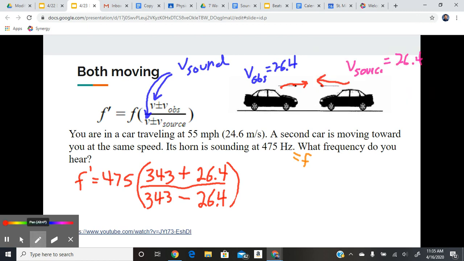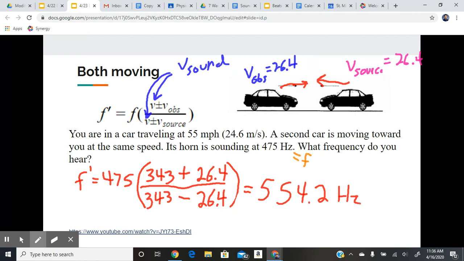All right, so hopefully you all got an answer of 554.2 hertz would be your observed frequency, and that's due to the combination of you driving towards the sound source and the sound source also coming towards you. So therefore, you're going to get a much higher frequency than it is actually making. Okay, hopefully that makes sense.